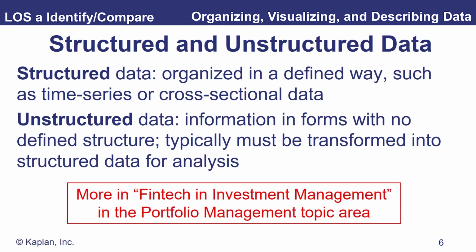So maybe I'm looking at GDP per country, where it's listed by country and then I show GDP maybe over time, or employees by their birthdays, for example. So our structured data can be time series, cross-sectional, or panel data. The key, though, is that it is organized in a defined, structured way.